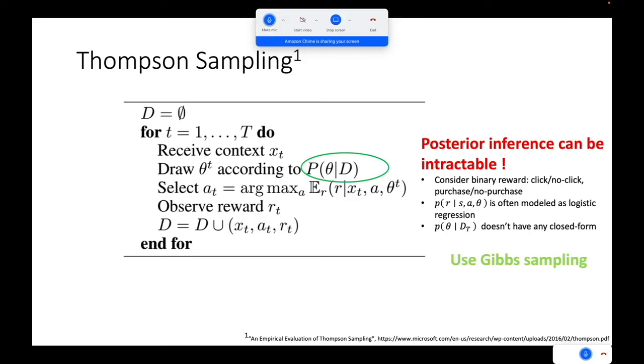Now, what we are going to do is approximate this posterior and plug in the approximate posterior in place of the true posterior, and the rest of the algorithm will continue. Okay.